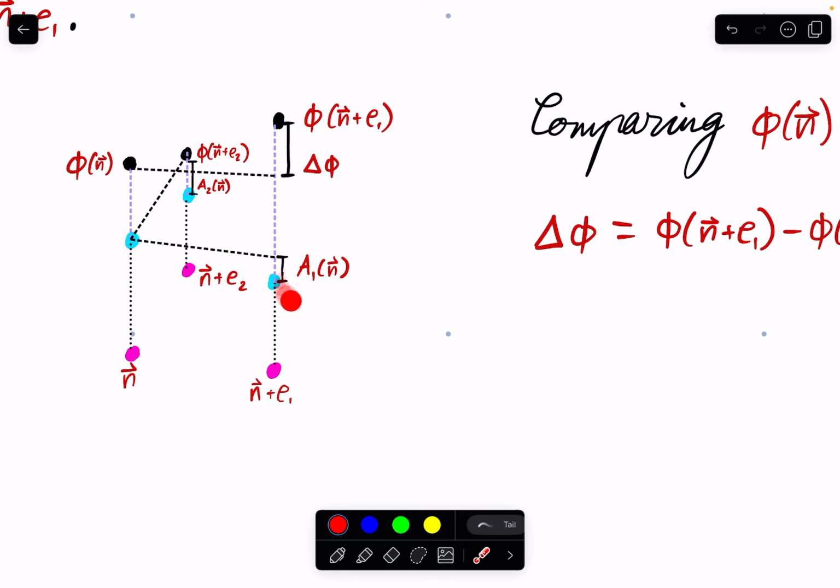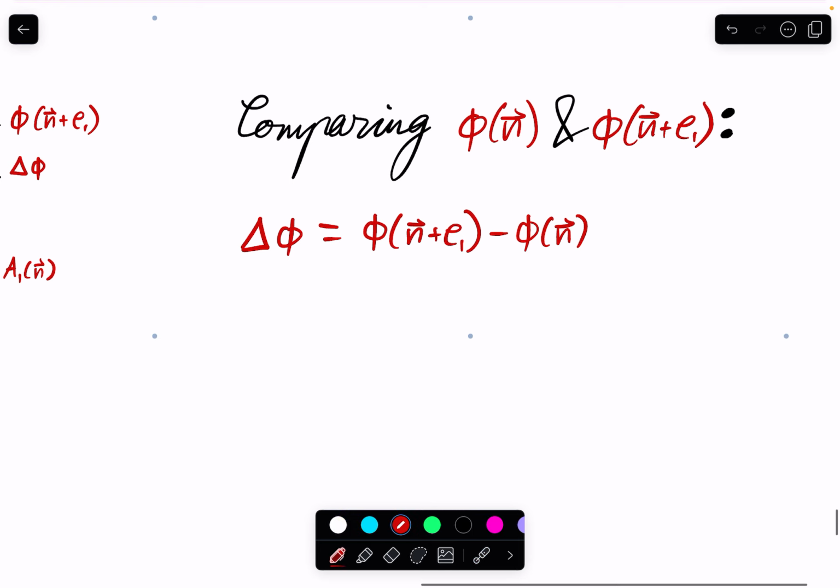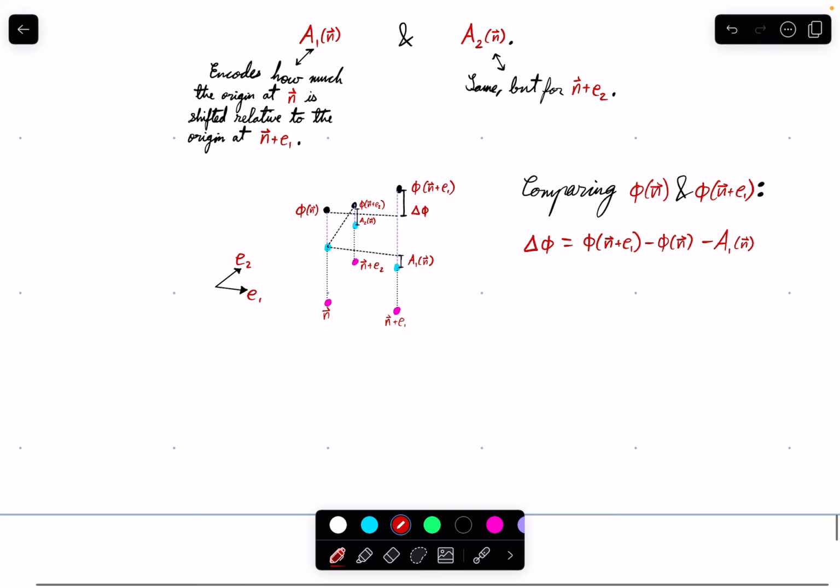So we need to now take away the difference between their origins, the difference between their coordinate systems. And this right here is how you actually look at the difference. So you have the difference between the fields. They might have different coordinate systems. If they do, then you take away that difference.